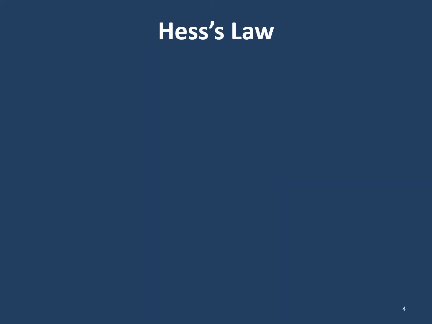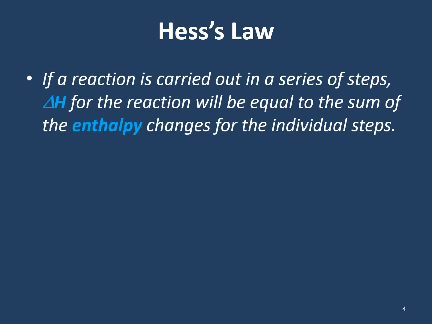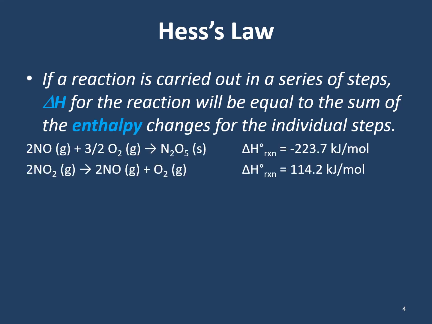All right, so let's talk about the last rule, and that is really known as Hess's law. If we carry out a reaction in a series of steps, delta H for the overall reaction will be equal to the sum of the delta H's for each individual step. And what I really mean by that is if I add two reactions together, like here, if I add these two together, notice that some of the NOs cancel and the O2s cancel because they're on opposite sides of our reaction arrow.